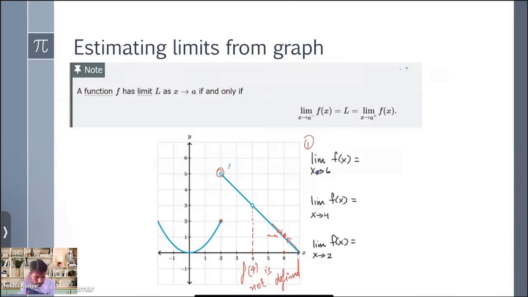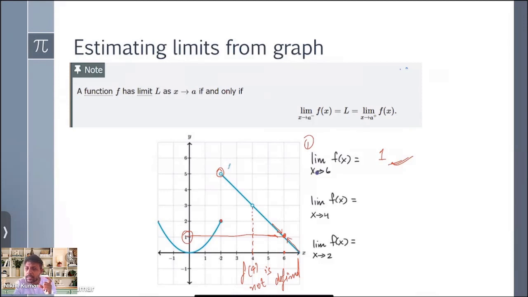And what value is that? 1. So the limit of this function is 1. Pretty simple. Even if I asked you what is the value of this function at x equal to 6, it would come out to be the same. Okay, this one was pretty easy.